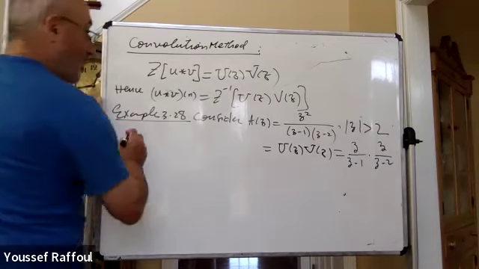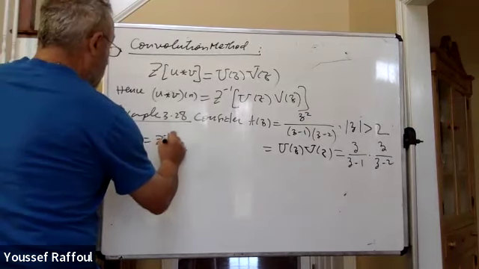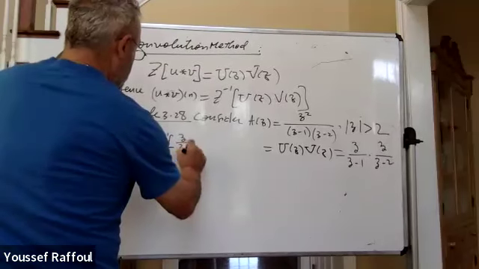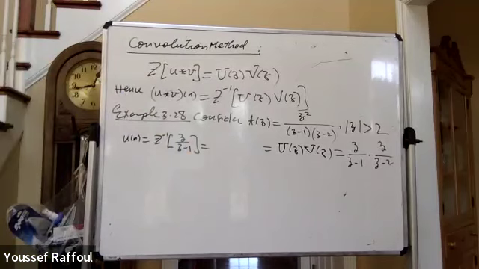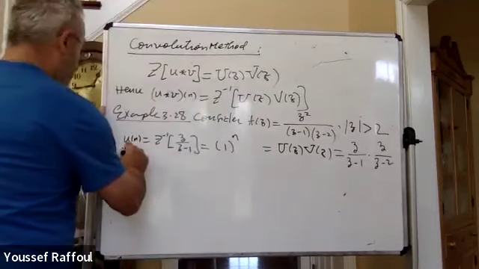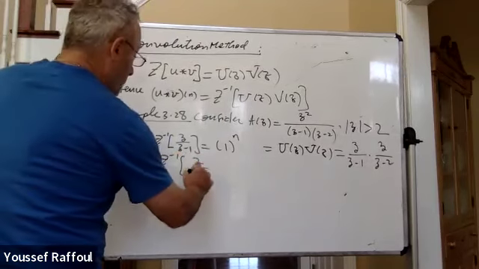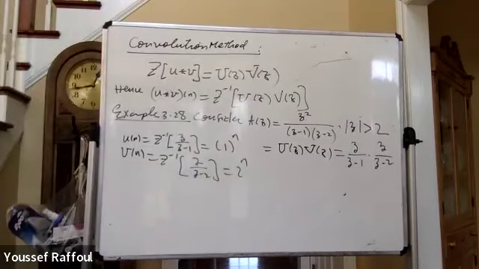So u(n) is Z inverse of Z over Z minus 1, correct? And that is 1. And v(n) is Z inverse of Z over Z minus 2, and that is 2 to the power n.